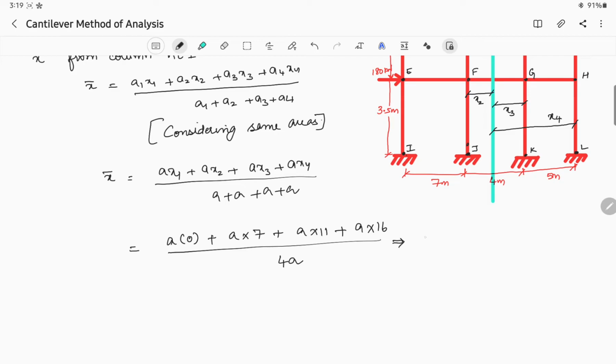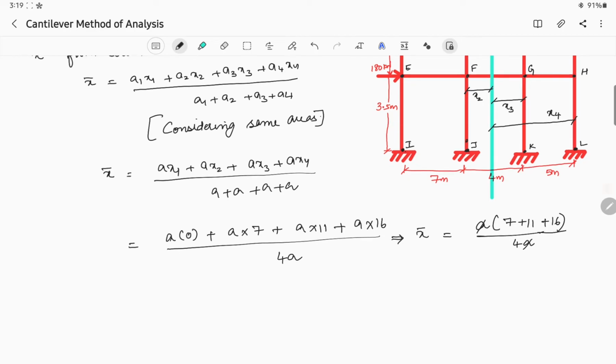That implies what will happen to x bar? x bar is equal to, if you take A common, you will get 7 plus 11 plus 16 whole divided by 4A. A and A will get cancelled.